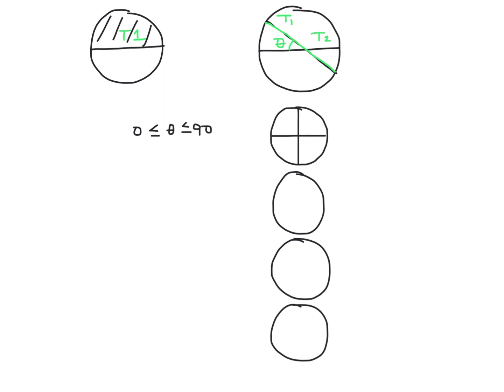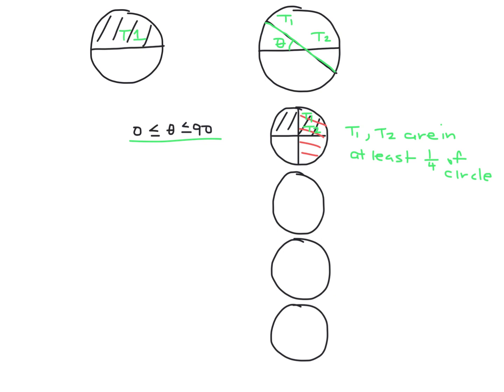So that basically means that this was the first half, and then the second half is this guy. Now, if you look closely, T1 and T2 are in at least 1/4 of the circle. So if this is T1, this is T2, T1 and T2 are in at least 1/4 of the circle. And that's for that range for theta.